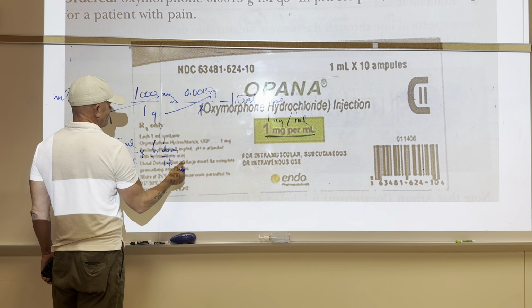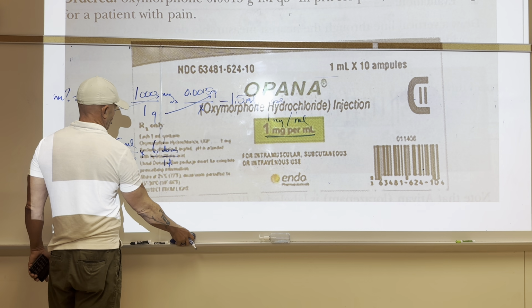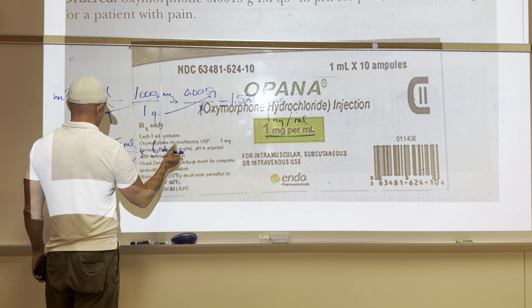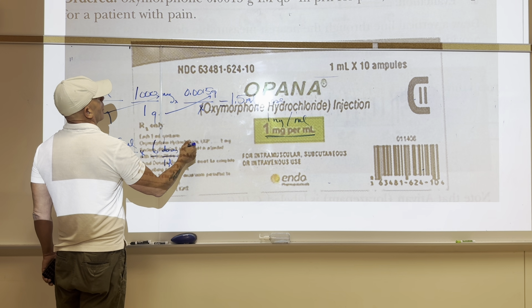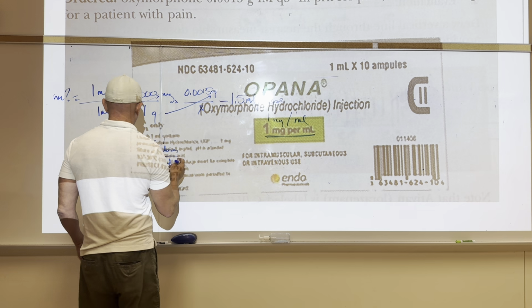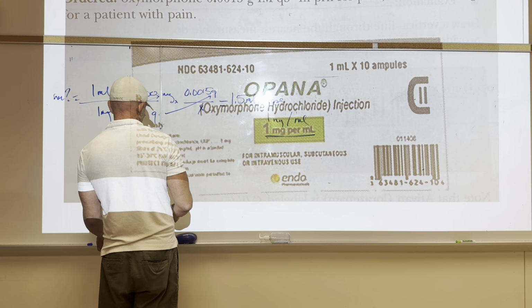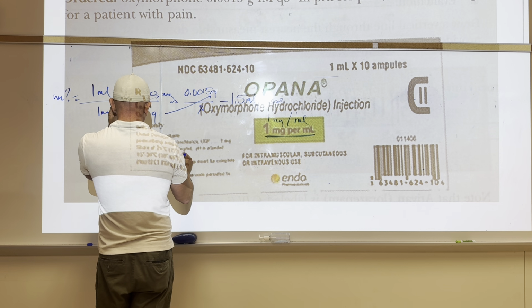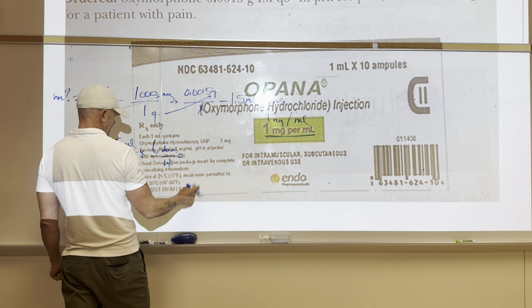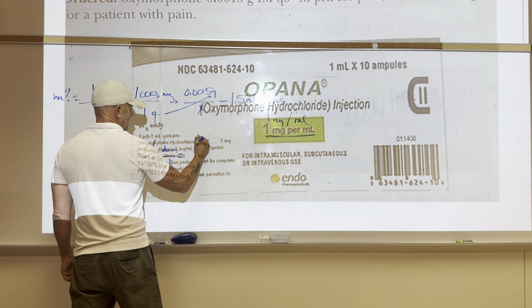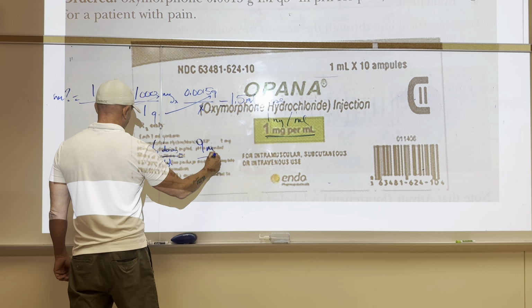Okay? All right. And then so we got 1.5 mLs times 6, what's that? That would be 9 mLs over 1.